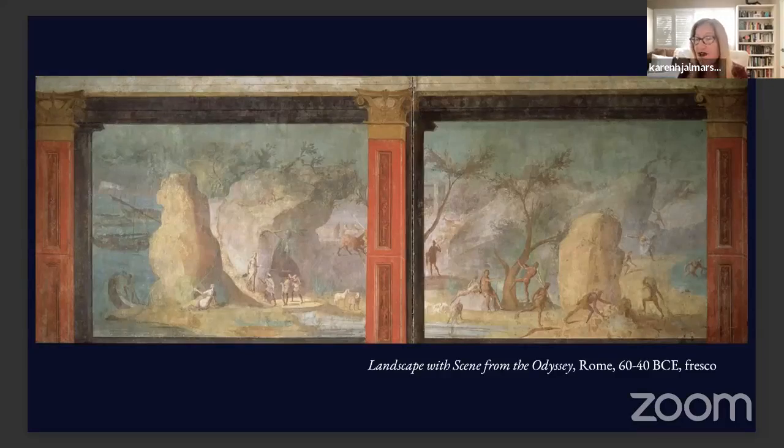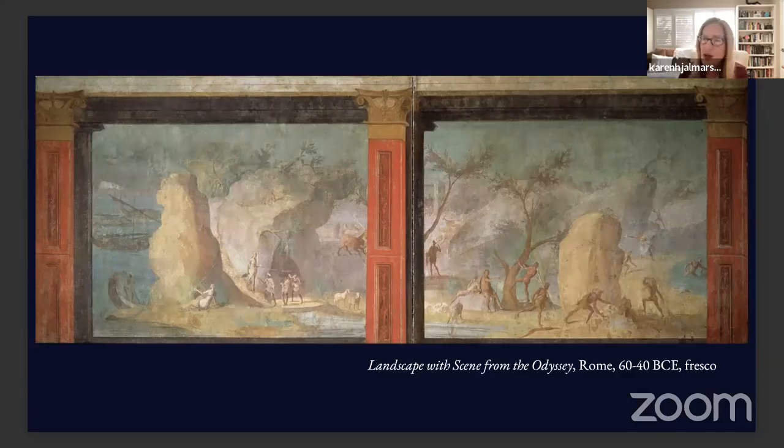On the right, we have a very interesting fresco, and what it shows are the Laestrygonians, who in the Odyssey were a race of giants that ate humans, and they were descendants of Poseidon. So that is a rough, general description of what they're doing, but they are preparing for battle.